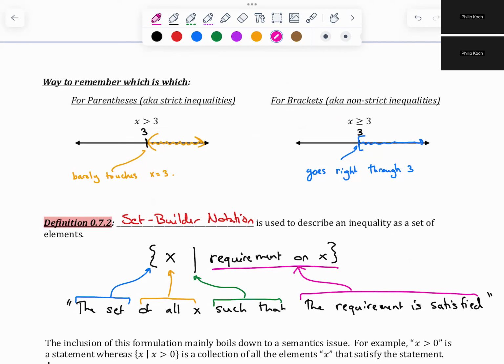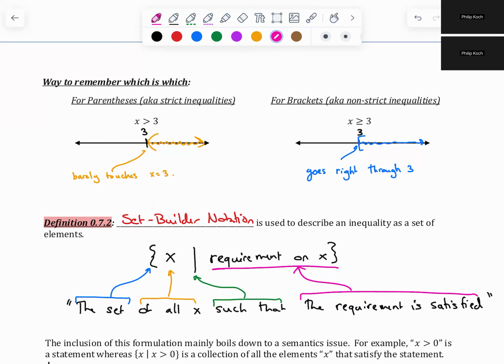That's how set builder notation is set up. The reason we include this is a semantics issue in mathematics. As a specific example, if I say x is greater than 0, that's a statement. x is a variable, so it's an unknown value. x could be 5, x could be 17, x could be 3 billion.